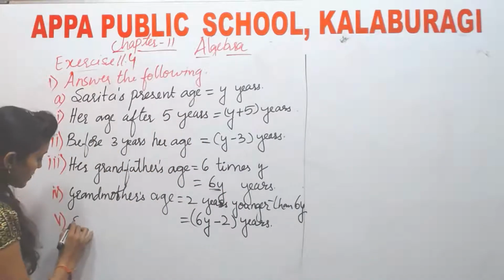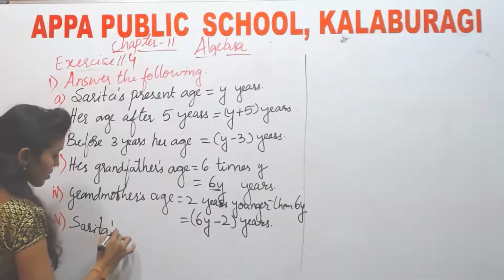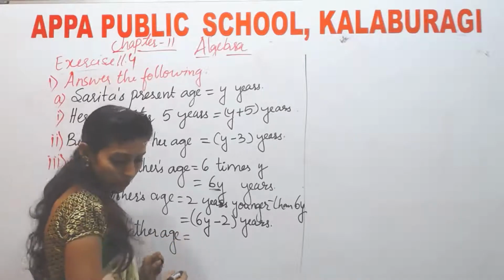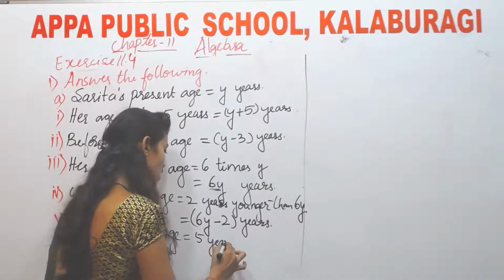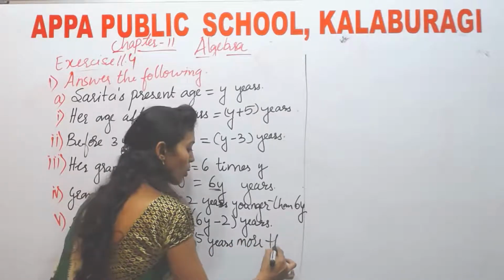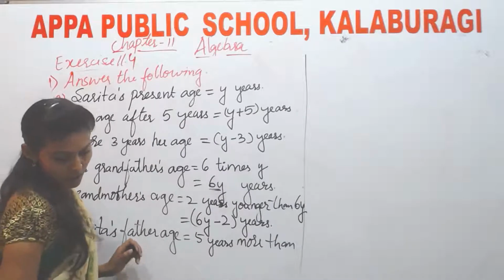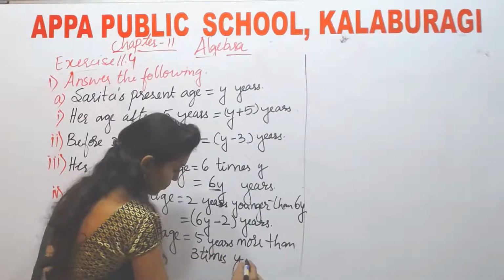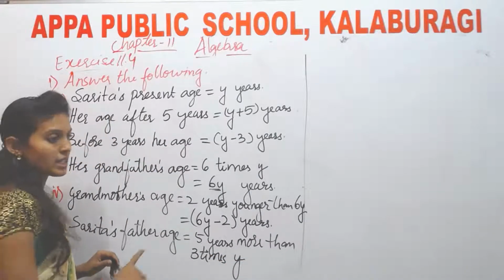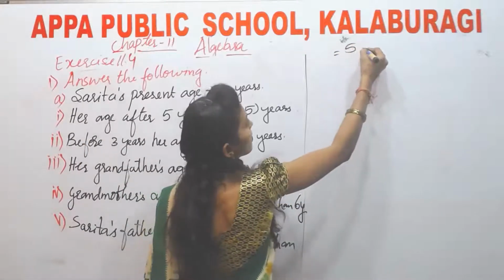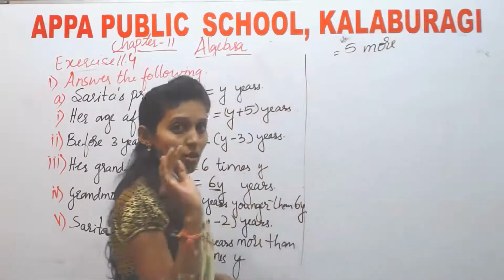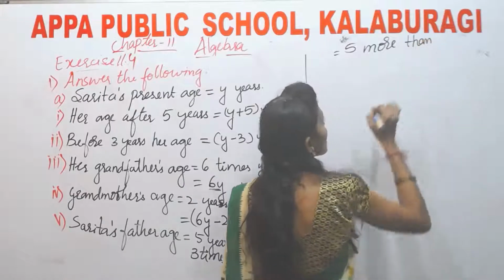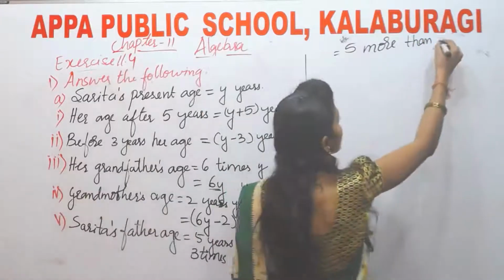Her age is y. 3 times y is nothing but 3y.